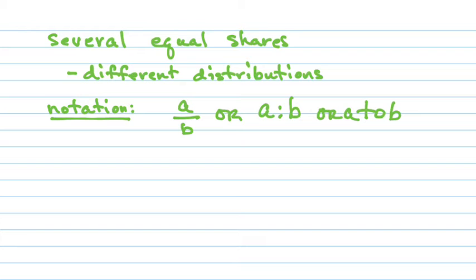So A to B. And all of those are ways to write a ratio. You might remember from your study of numbers that ratio simply means a comparison. That's what a fraction is. Fractions are rational numbers. So all these are different ways to write ratios.